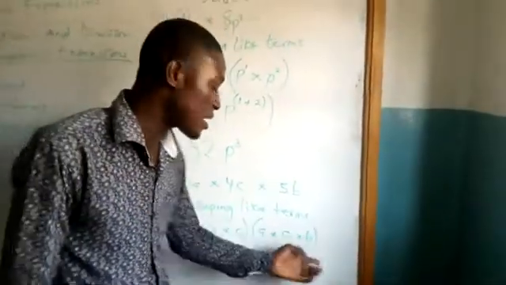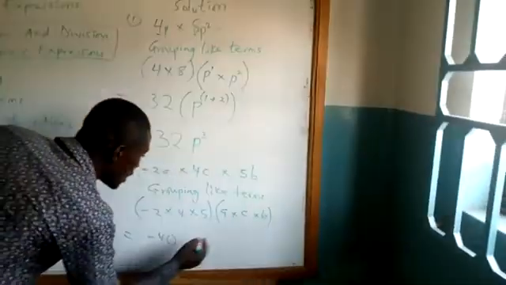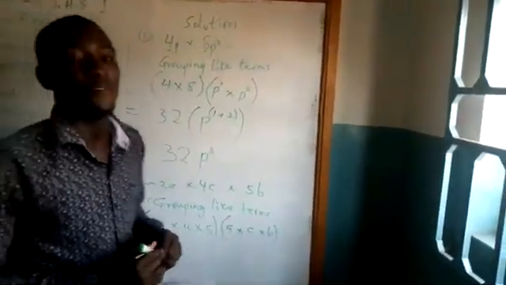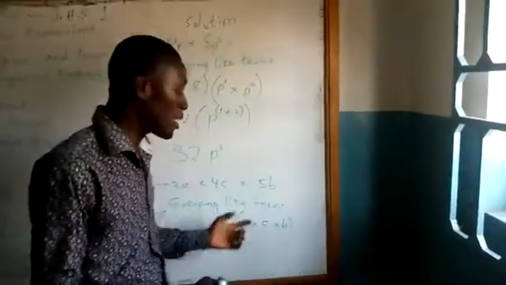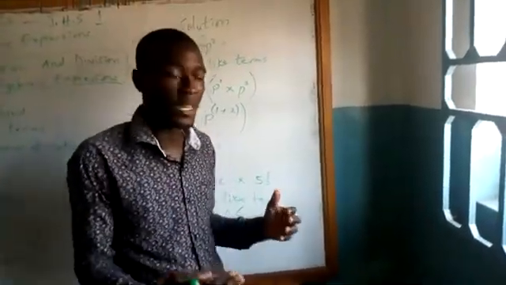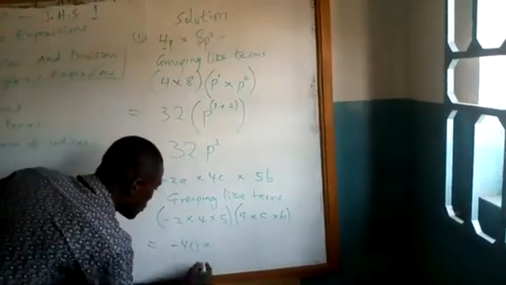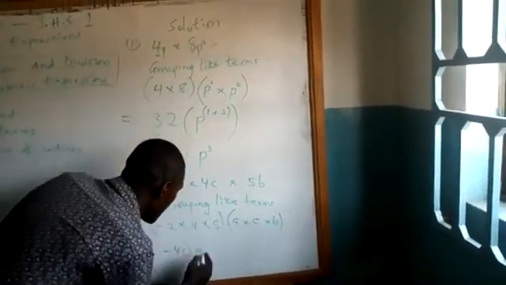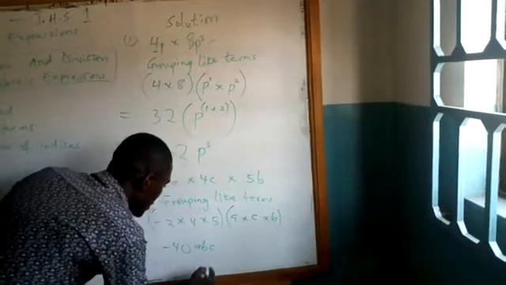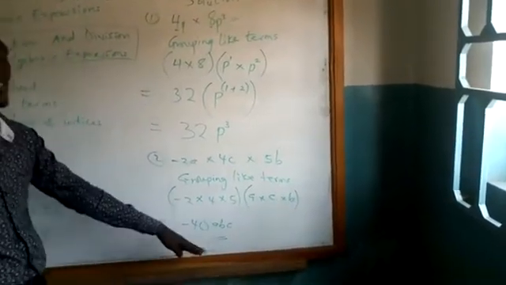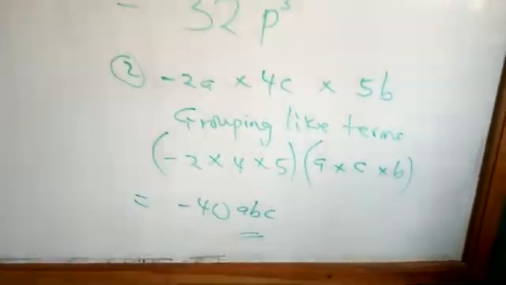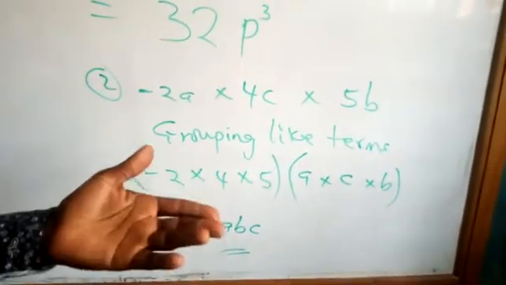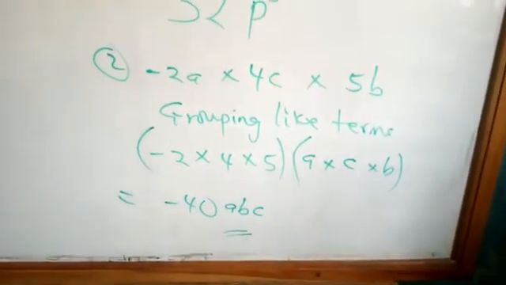As we have learned earlier, anytime you multiply variables in maths, you attach them to each other. So we just pick the a and bring the b and bring the c. This gives us our final answer, the product for multiplying these algebraic terms. Good.